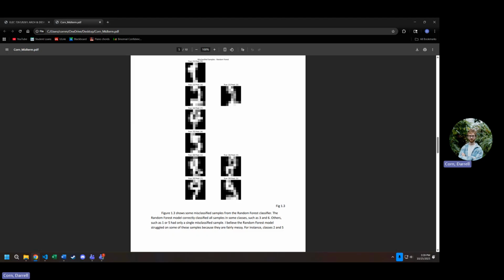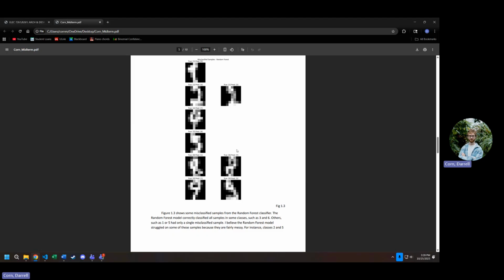And some trends here, it seems like it's struggling on these more messy numbers, which is fair. Like number 4 here, that's hard for us to discern, really. But also, these numbers tend to have a lot of slant to them, which I think is confusing it. Like this slanted 8 is looking like a 7. Same with this slanted 9 and this one.